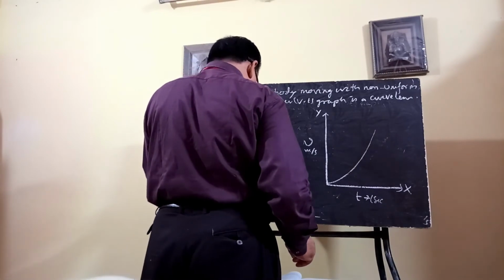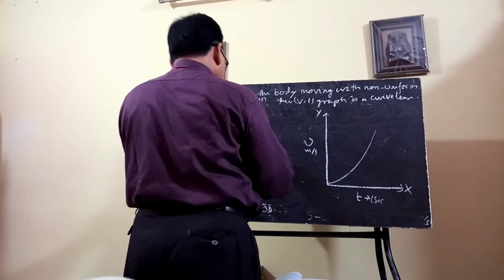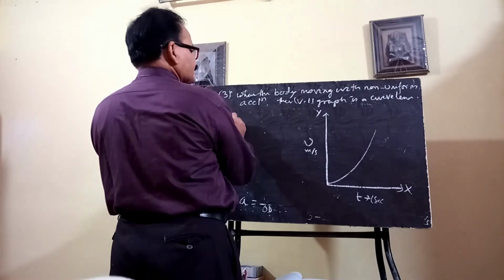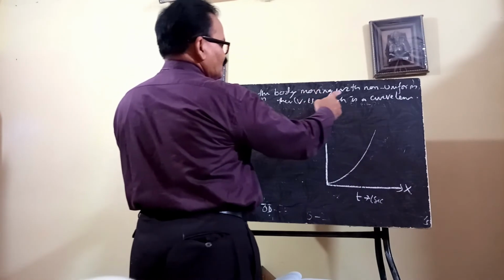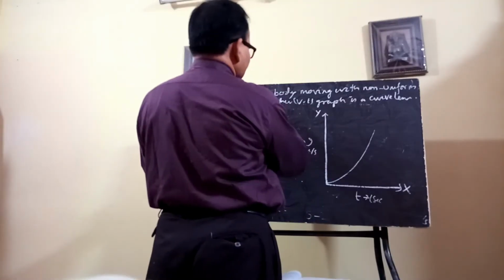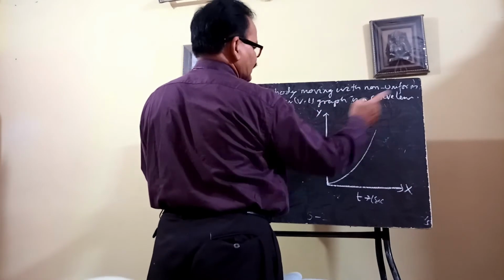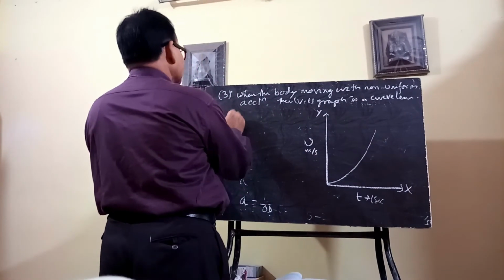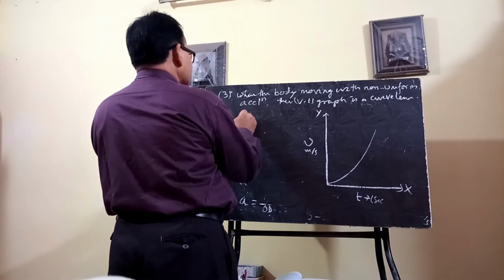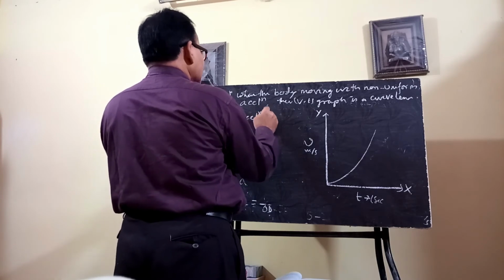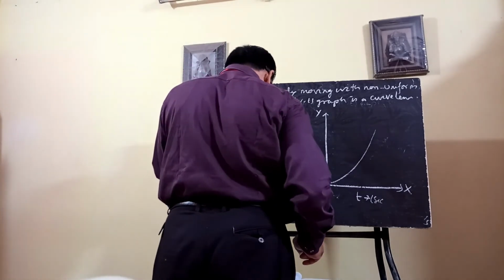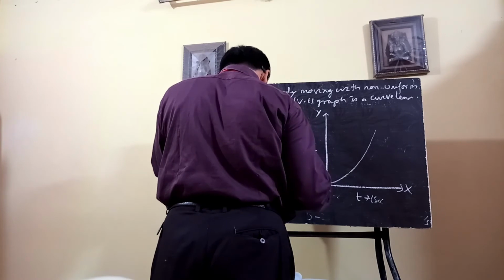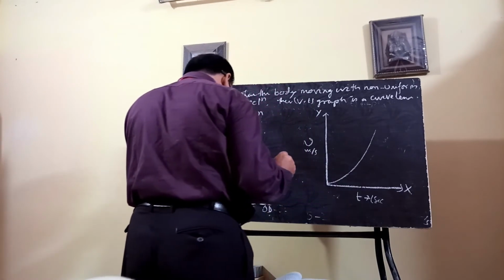And when the body is moving with a non-uniform acceleration, then the velocity time graph is a curved line. So in this case, acceleration can be determined by the slope of your velocity time graph.